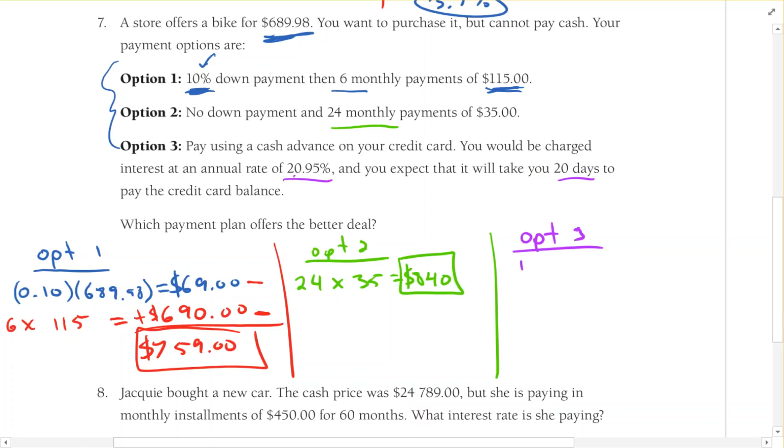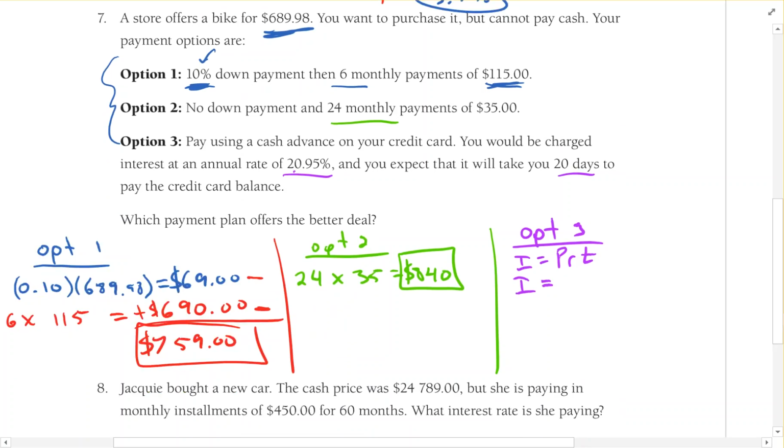So option 3. We're going to start off with our formula for this one. I is equal to PRT. So the principal is going to be what the bike costs, $689.98. Our interest rate, it tells us in the question, is 20.95, so 0.2095, written as a decimal.